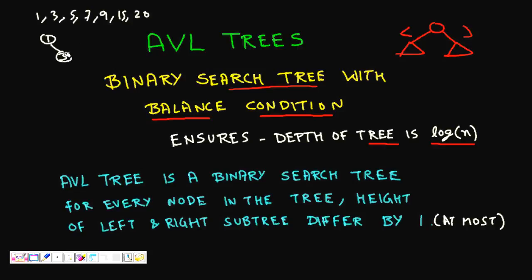Now we want to insert 5. We compare 5 with 1, it is greater, so it goes to the right. 5 is compared with 3, it is greater than 3, so 5 is inserted here. Then 7 is inserted here. Similarly 9 is inserted here, and 15 and 20.